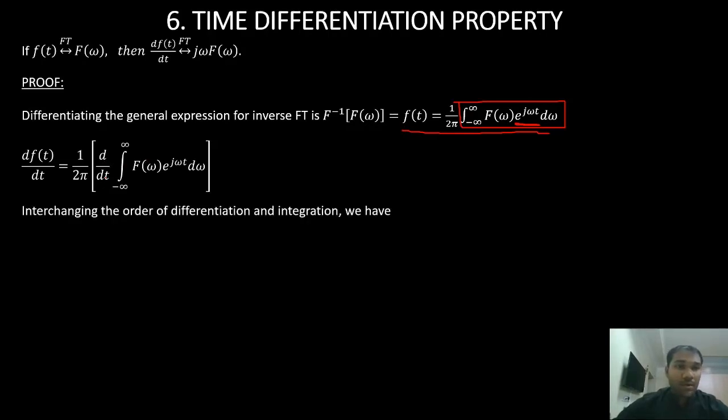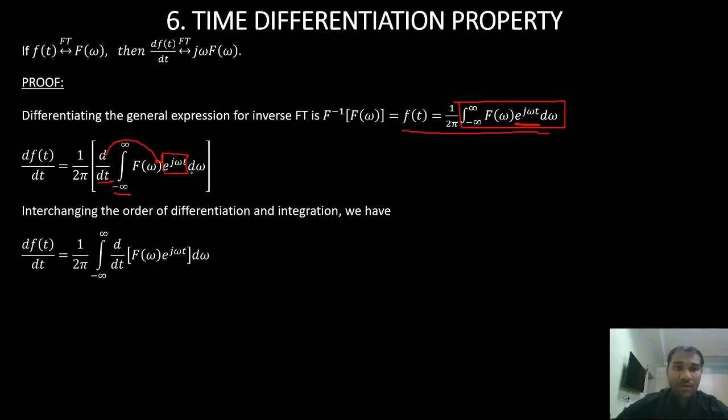Now let us interchange the differentiation and integration order. It is perfectly normal to interchange integration and differentiation orders. So first I'll take this d by dt inside, right? e power j omega t is the only term that is going to be differentiated by t.